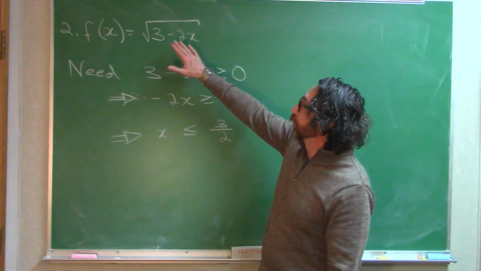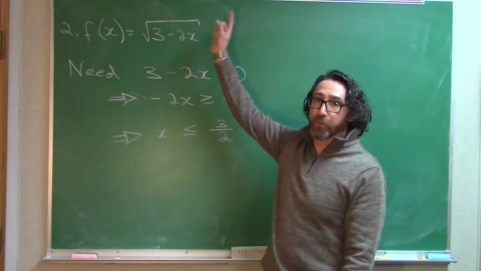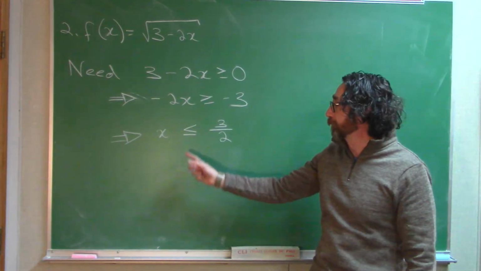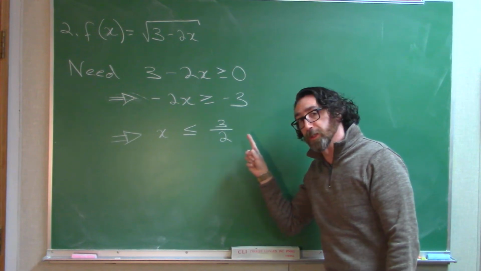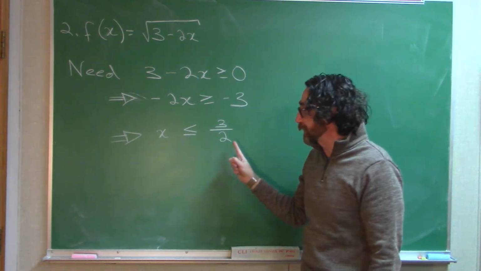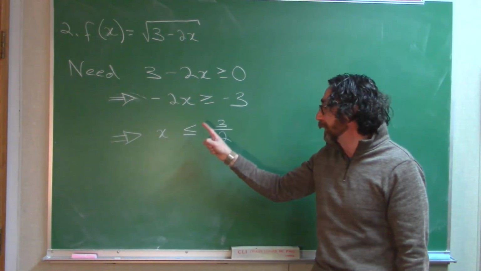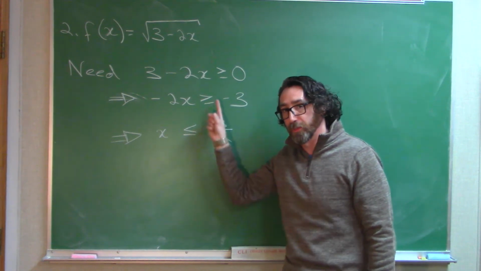So, if we want to be able to compute the output for this function and get a real number, we have to have this inequality being true, which is equivalent to this. Okay, so we can use any x value that is less than or equal to 3 over 2.